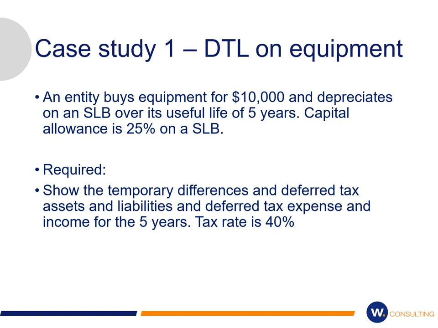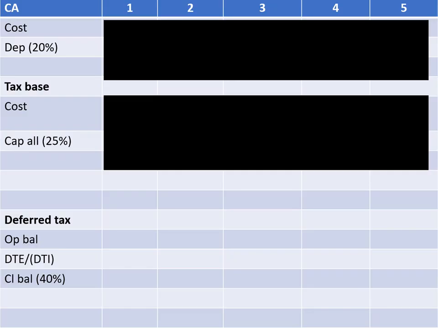So for accounting purposes, its useful life is 5 years, so that means we are taking off 20% every year. For tax purposes, we are saying it's 25% each year. So we need to show the temporary differences and the deferred tax assets and liabilities and the deferred tax expense and income for the 5 years. The tax rate, we are told, is 40%, quite high.